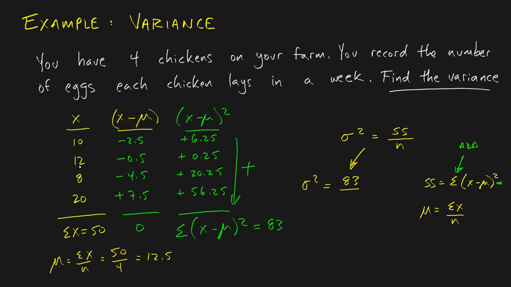N is the number of data points we have, the number of scores we have. So there are 4 scores. So we've got 83 divided by 4. Calculate that out. That comes out to 20.75. That is my variance, and so that answers this question.